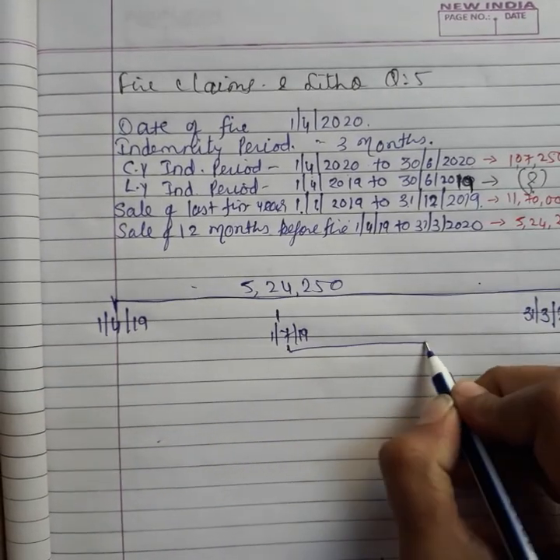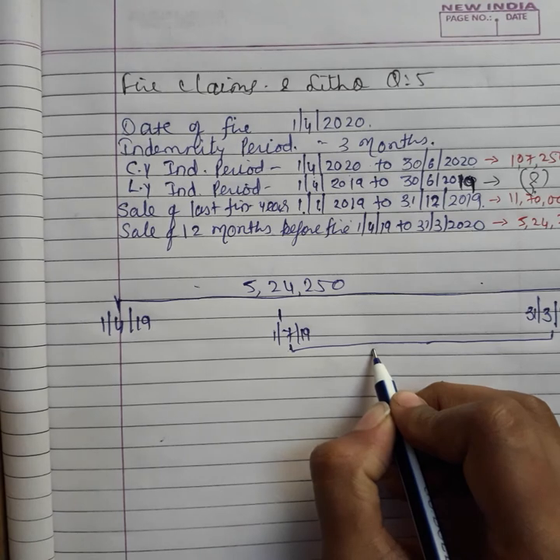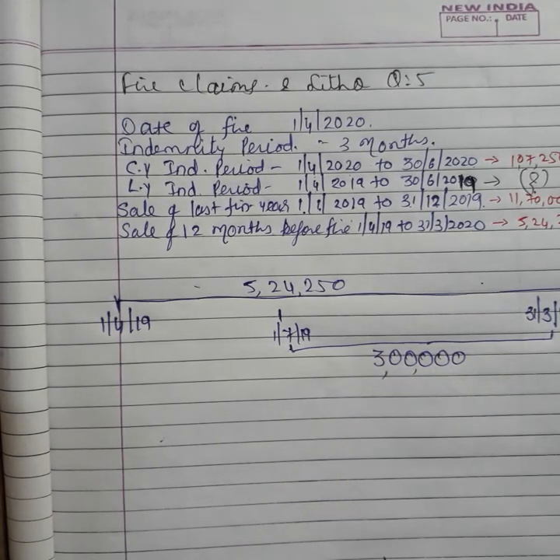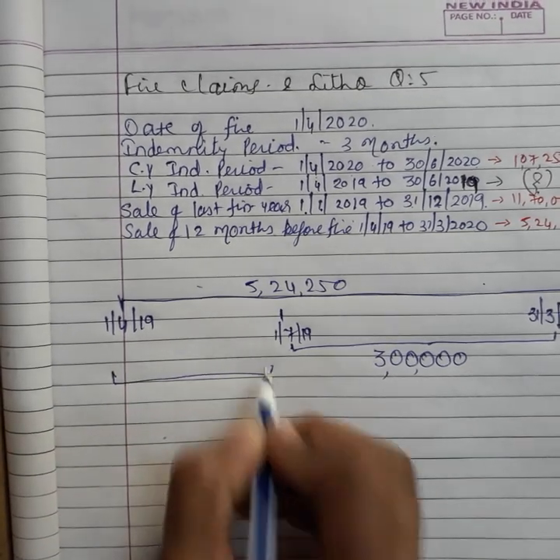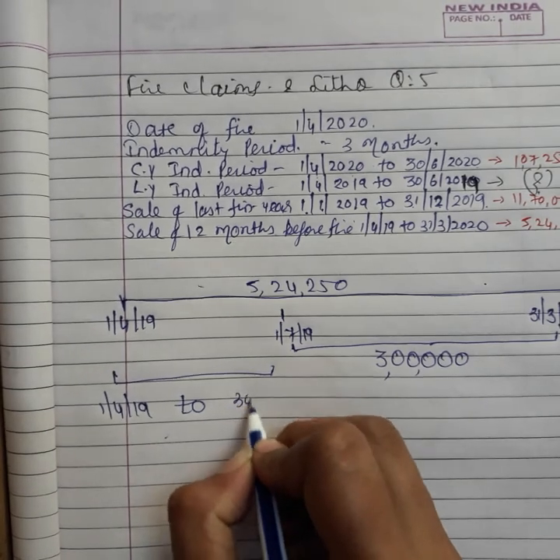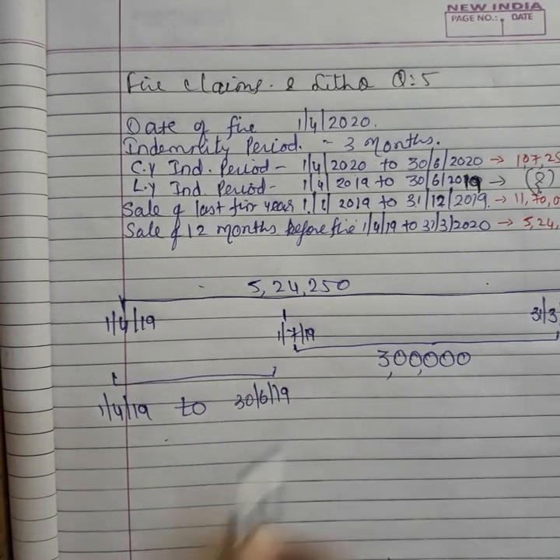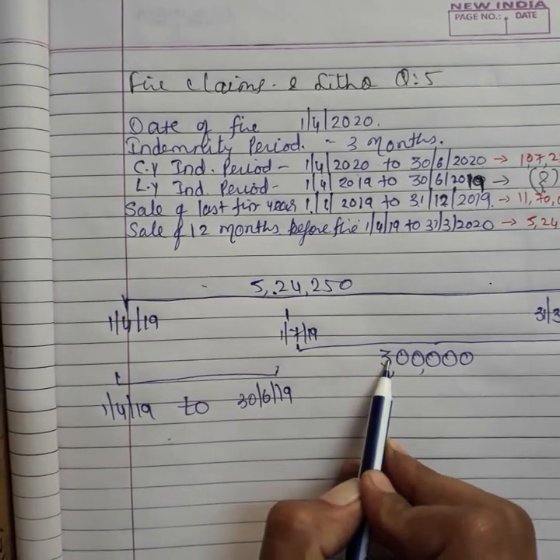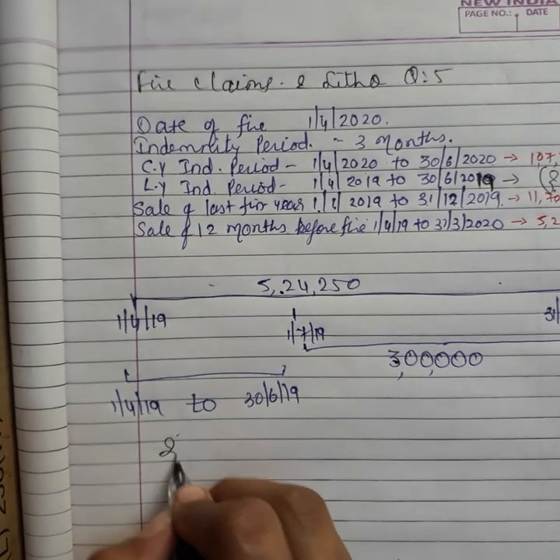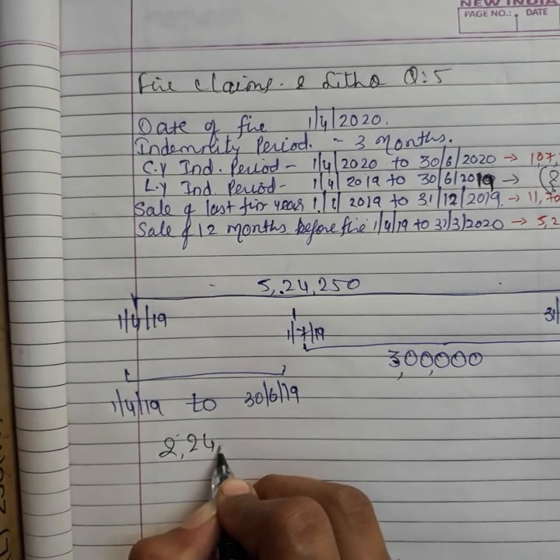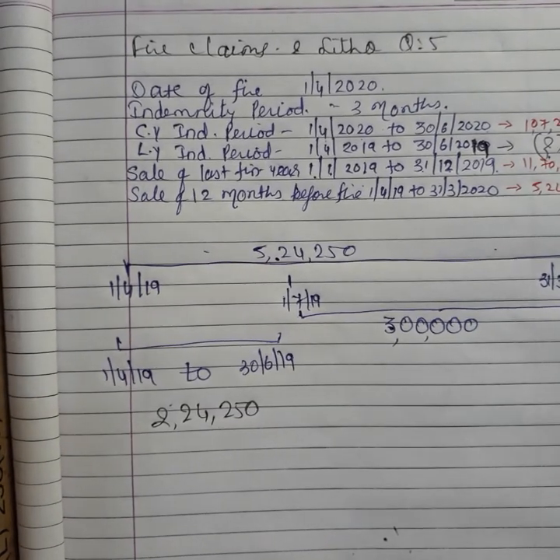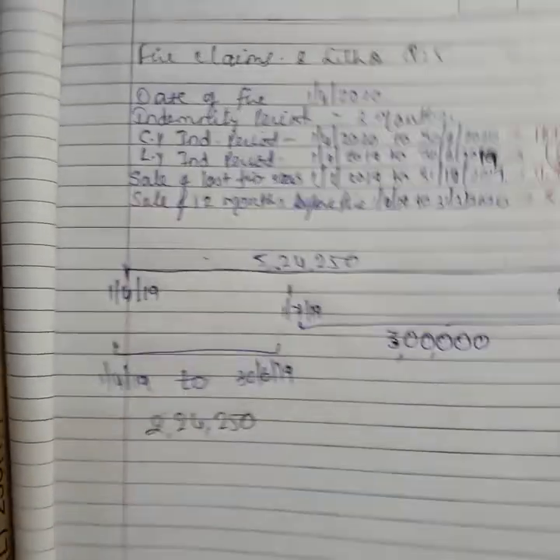So from here to here, the sales given is rupees 3 lakhs. So sales from 1/4/19 to 30/6/19 will be 524 minus 3 lakhs. So that is 2,24,250.